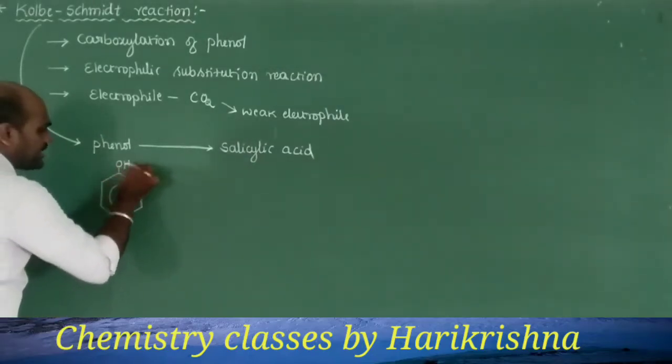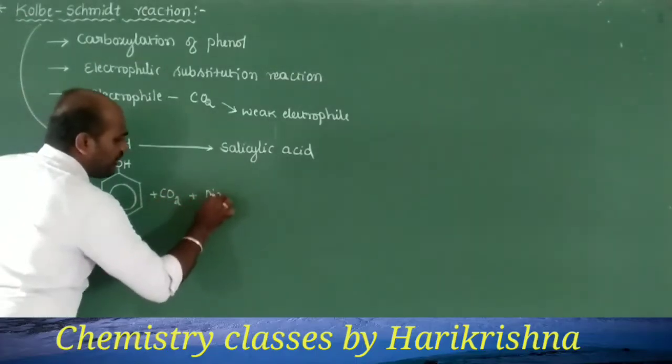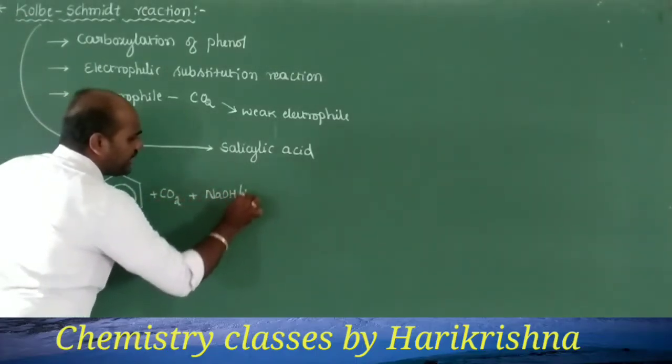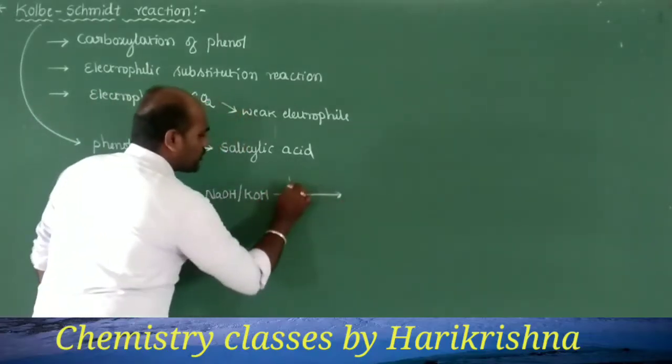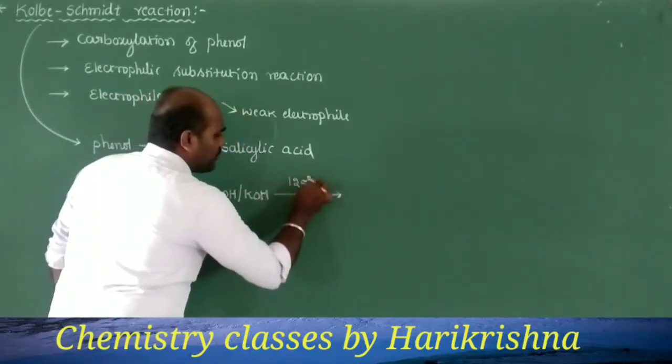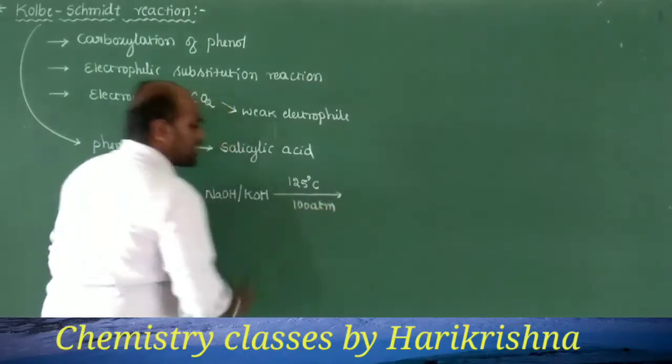Phenol is heated with carbon dioxide in the presence of either sodium hydroxide or potassium hydroxide, and the temperature maintained is 125 degrees Celsius under a pressure of 100 atmospheres.